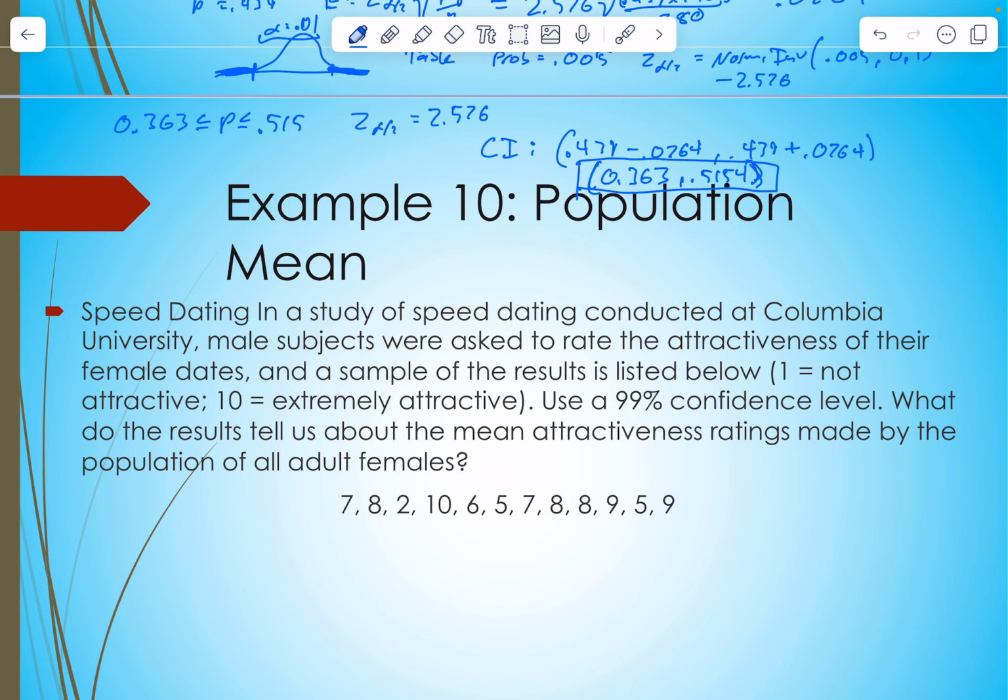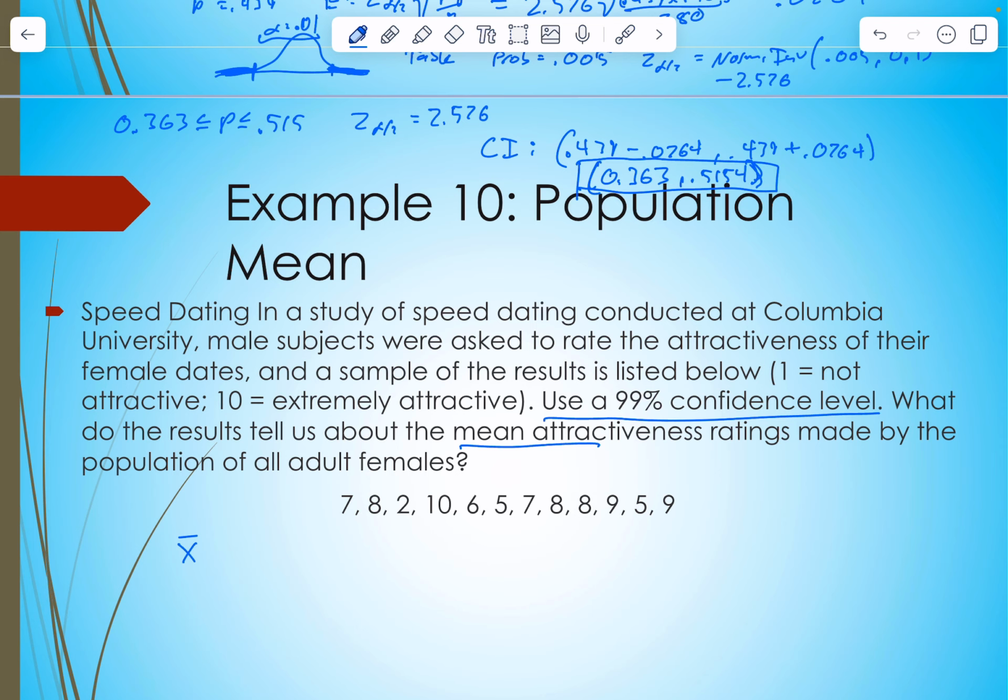Okay, so this is a mean attractiveness. So this is a sample mean, x bar. The first thing it wants us to do is use a 99% confidence interval. What do the results tell us about the mean attractiveness? Okay, so we want to make a confidence interval here.